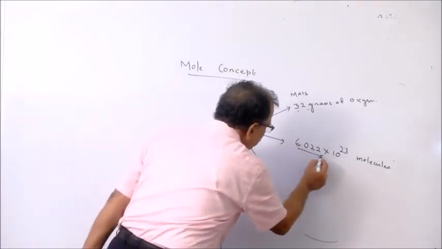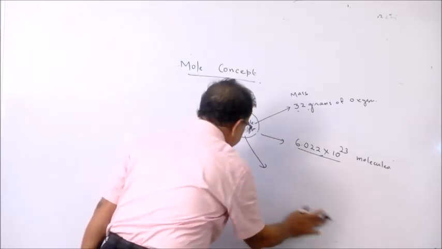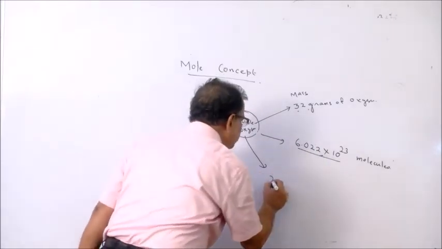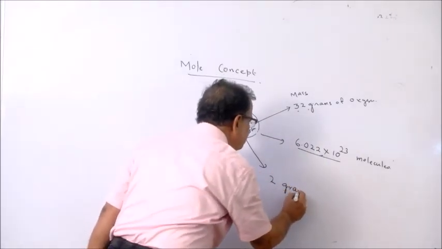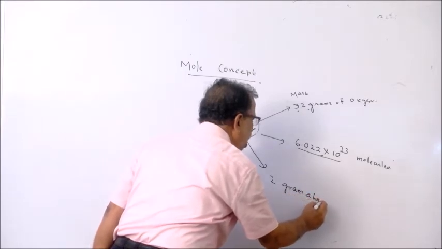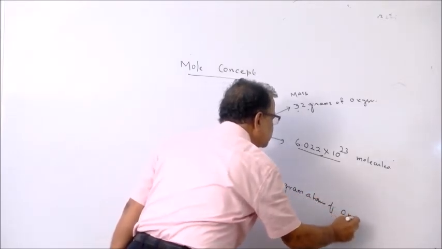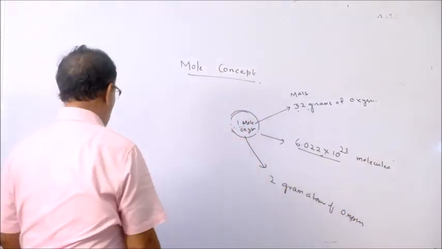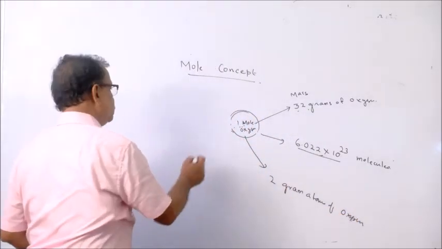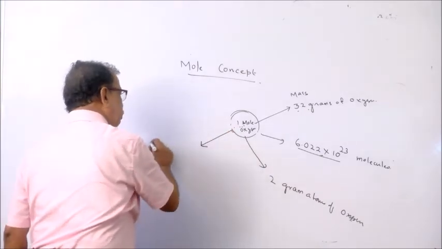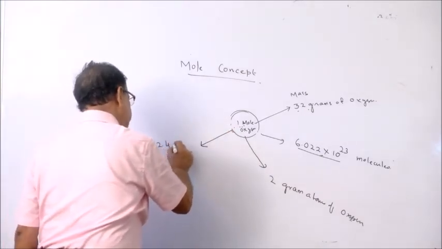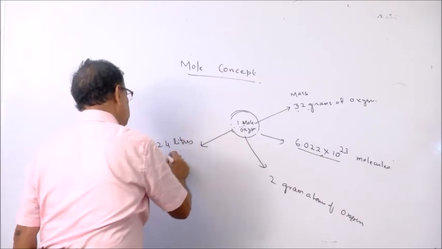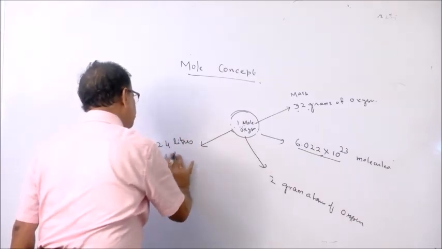Third, 1 mole of oxygen is 2 gram atoms of oxygen, or you may write 22.4 liters of oxygen.